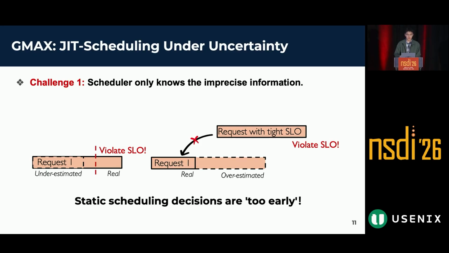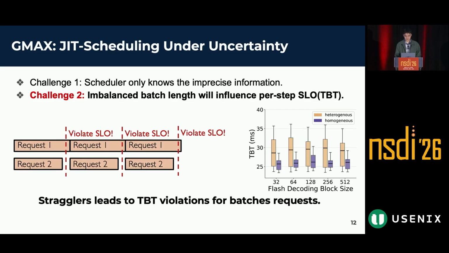In fact, we formally prove that maximizing goodput even under complete information is already NP-hard. To tackle this, rather than making one-shot static decisions, Gmax decomposes the execution into different time frames, and within each frame, we re-estimate every request's minimum bandwidth to meet their SLOs and reprioritize accordingly.